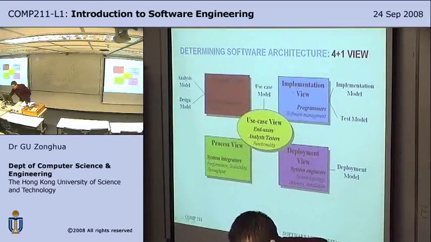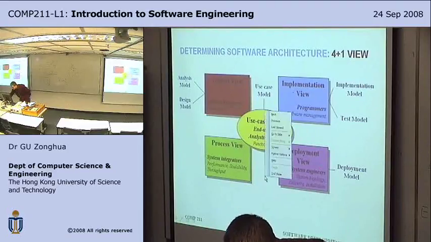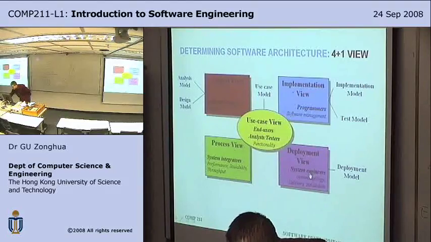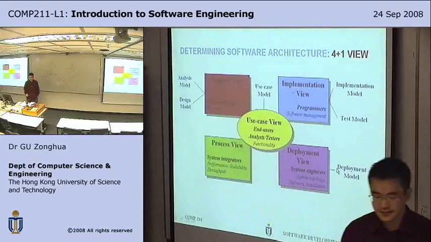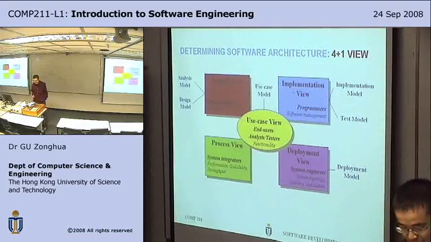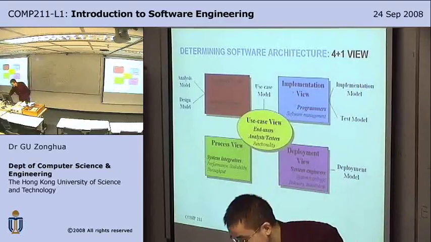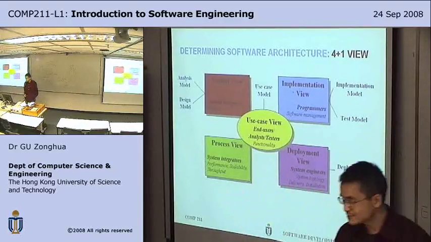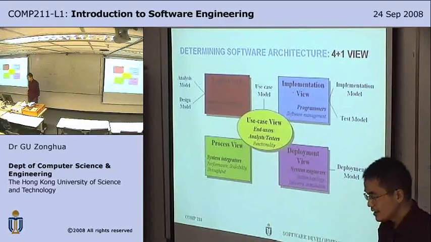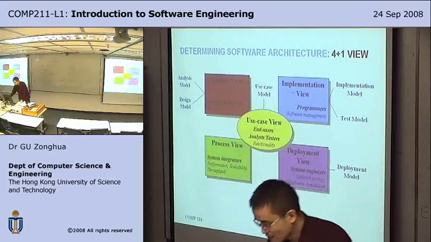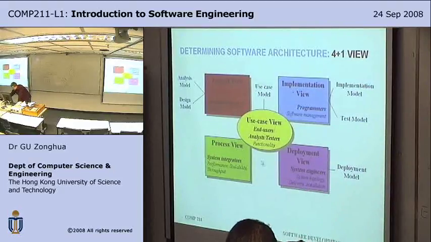So the process deployment view is for system engineers, for the IT staff. That is, the system has been developed. Now you need to deploy it onto the client side. You need to determine the system topology, delivery, installation, and all the IT job.